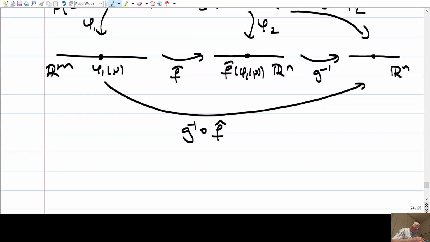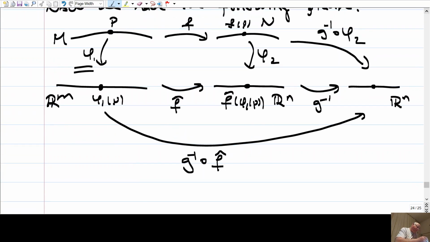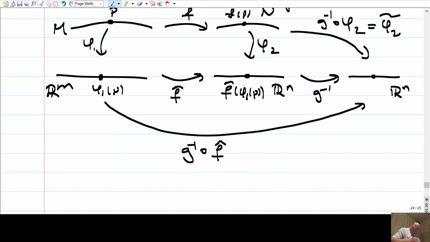So I have the coordinate phi 1 and then phi 2 tilde, and using these coordinates we will see that the map F looks like the standard immersion.